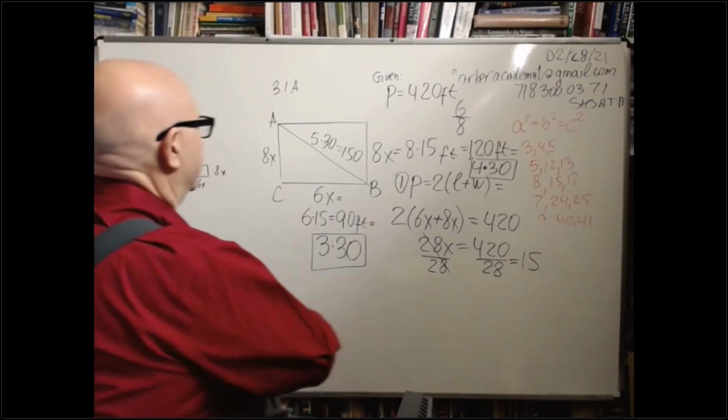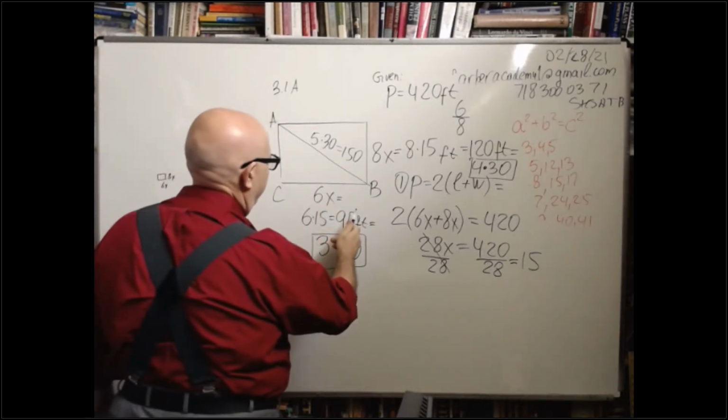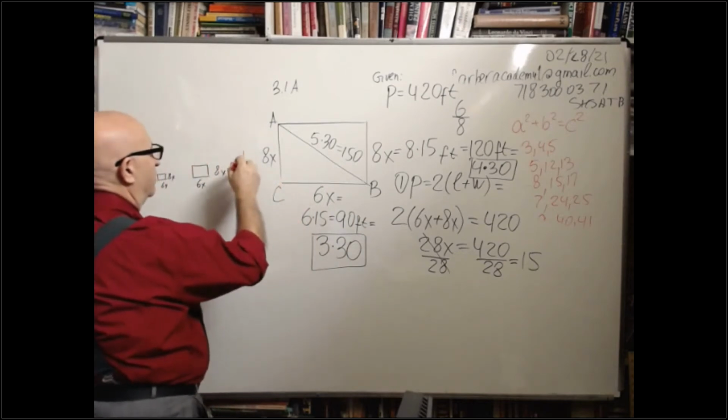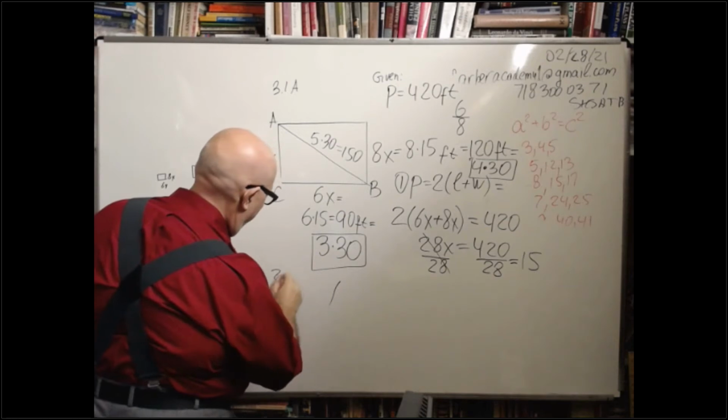Pretend I forget the Pythagorean triple. So what? Look at this. This side is 90. This side is 120. I want to find AB. This is the second way.